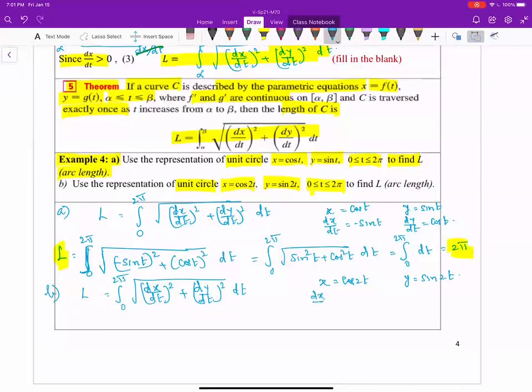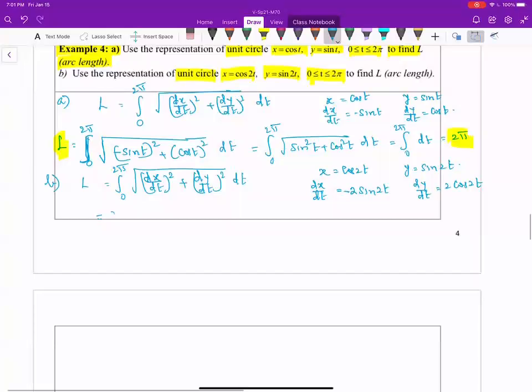So dx by dt would be, you have to apply the chain rule: outer derivative times inner derivative. Outer is cosine, whose derivative is negative sine. Inner is 2, so it becomes negative 2 sine of 2t. Then dy by dt would be 2 cosine of 2t.